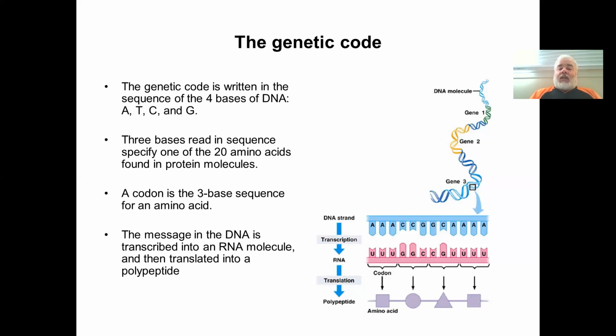And the genetic code is written with only 4 letters, A, T, C, and G. That's it. There are 4 bases, nucleic acid bases, A, T, C, and G. And these bases are then read in groups of 3 in order to specify each of the protein subunits.